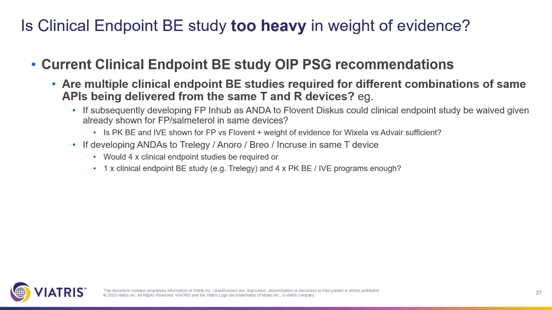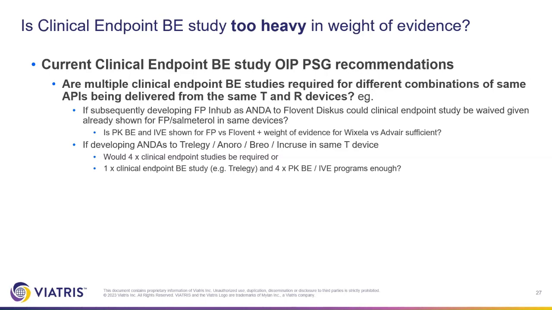Or could we take pharmacokinetic bioequivalence for that product, plus the clinical endpoint study, which has already shown comparable delivery of the Hub and Diskus products of FP and salmeterol, as our weight of evidence approach for the next product coming along?